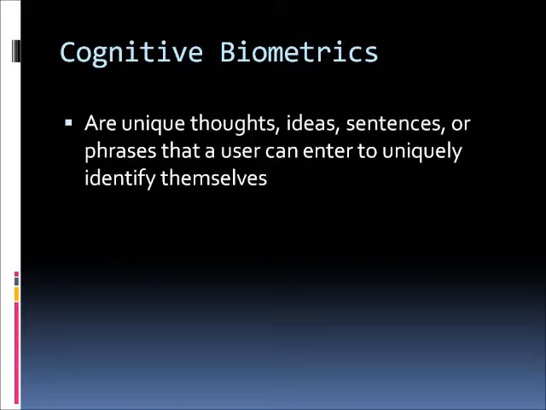Cognitive biometrics use your ideas, thoughts, sentences, phrases, and other memories that only you would know to identify yourself. Banks also use this technology for security questions. Have you ever been asked a security question such as your mother's maiden name, or which street did you grow up on?